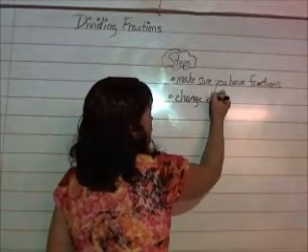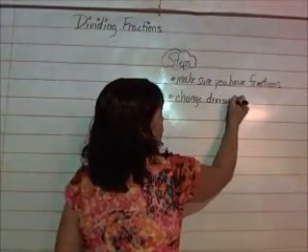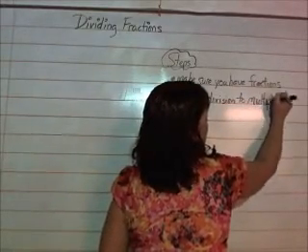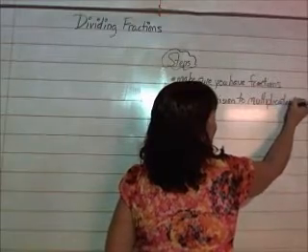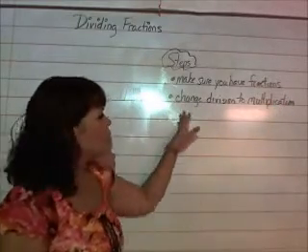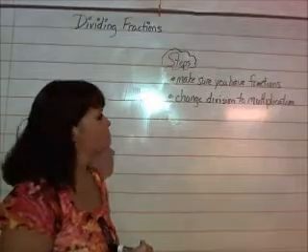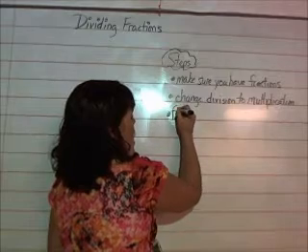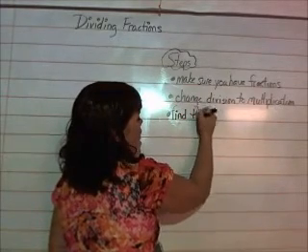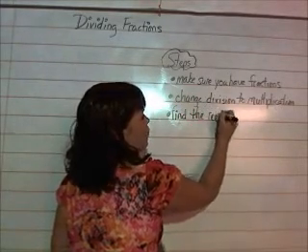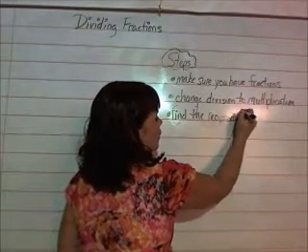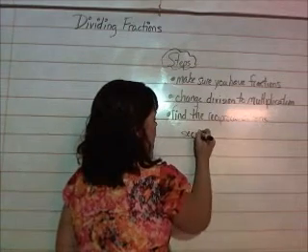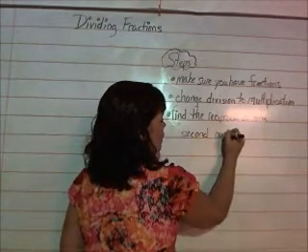Your second step, change division to multiplication. You're going to change your division to multiplication. And your third step, find the reciprocal of the second number.